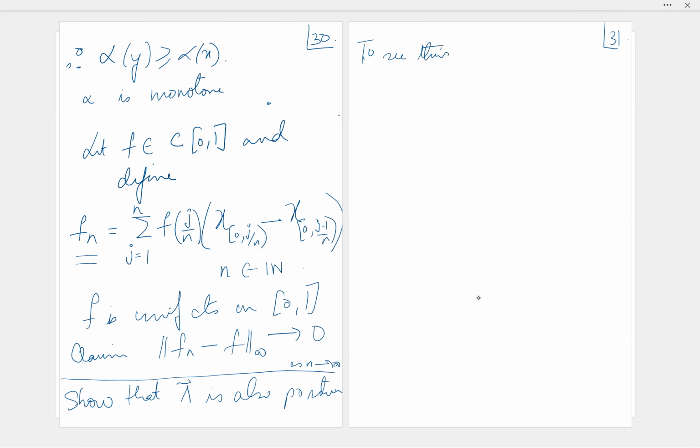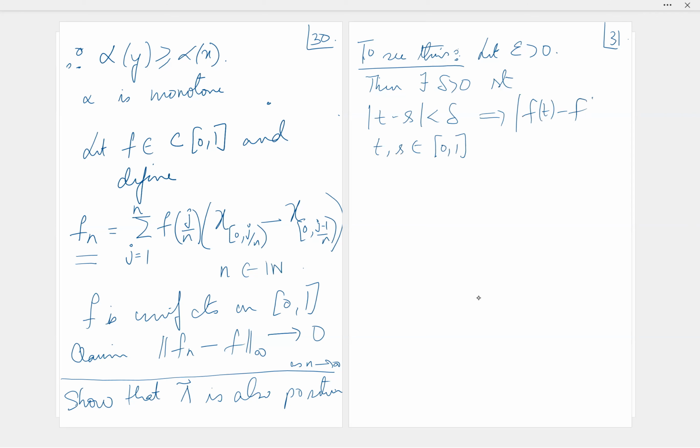Let's try and prove it by the usual epsilon-delta method. I apply the uniform continuity of F to get hold of a delta. Of course, the t's have to stay in our interval. Now you pick up any t.